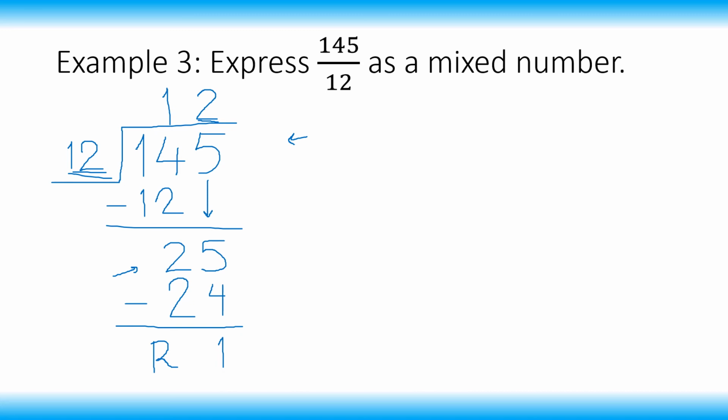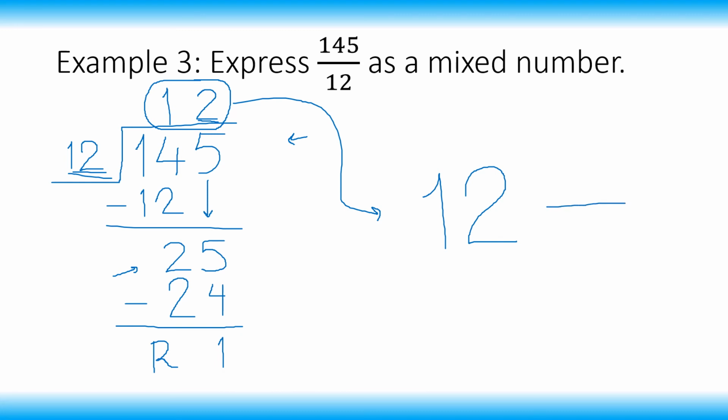So to build our mixed number, the quotient, our answer that we got up here, is our new whole number. This tells us how many wholes we can make out of the 145 slices. So we've got 12 wholes, and then we've got some fraction.